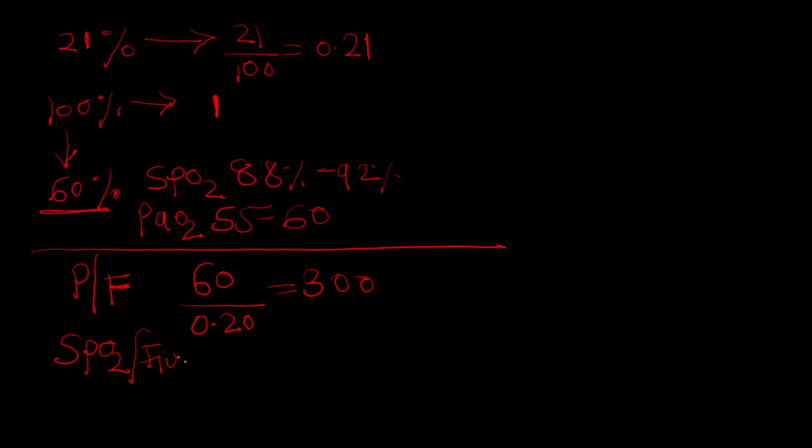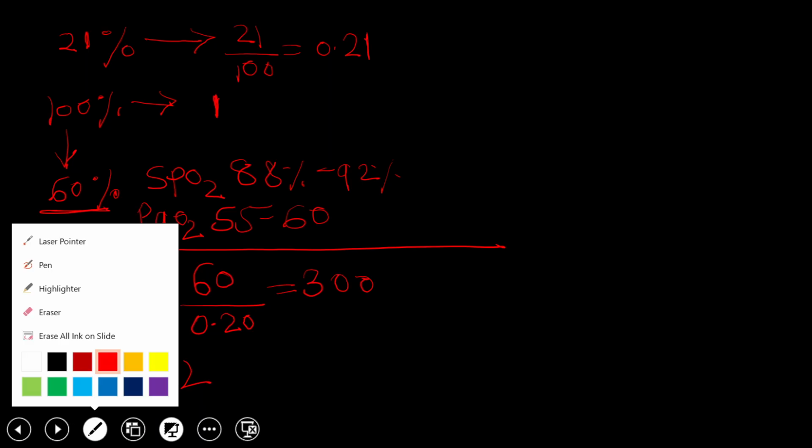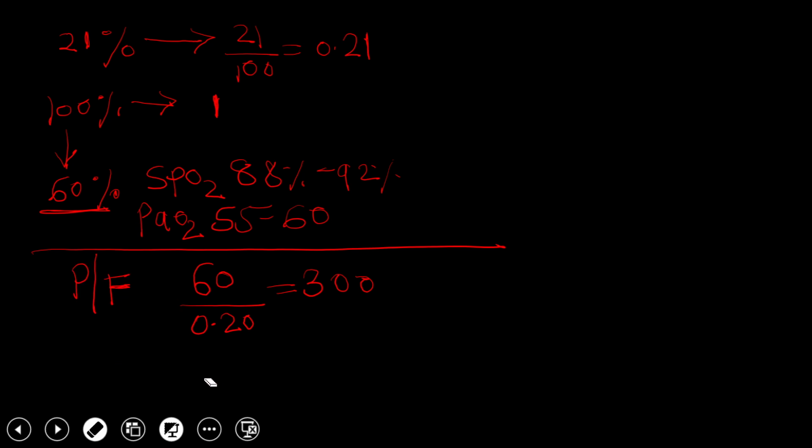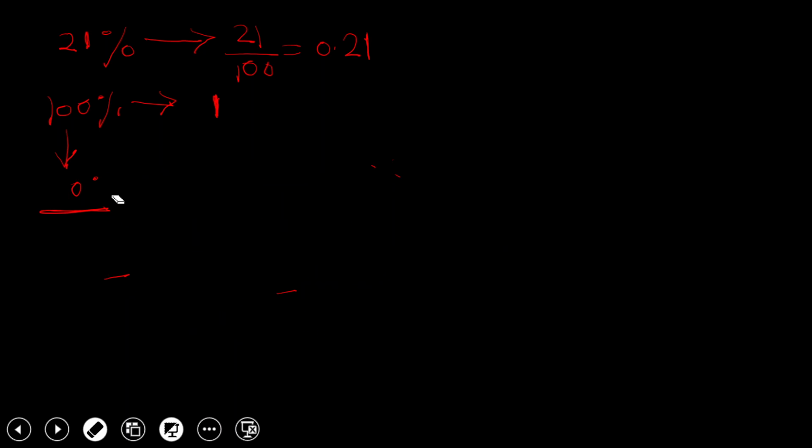So the lower SpO2 by FiO2 ratio will be a surrogate of PaO2 by FiO2 ratio and will help you to classify the respiratory failure. So this is the first terminology of importance to understand: the PF ratio, SpO2 FiO2 ratio, and the fraction of inspired oxygen.